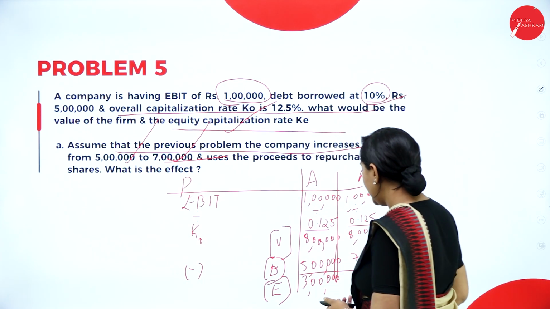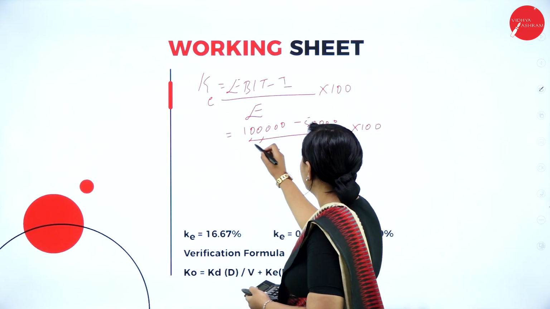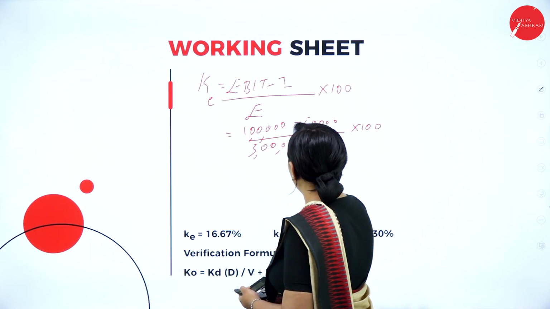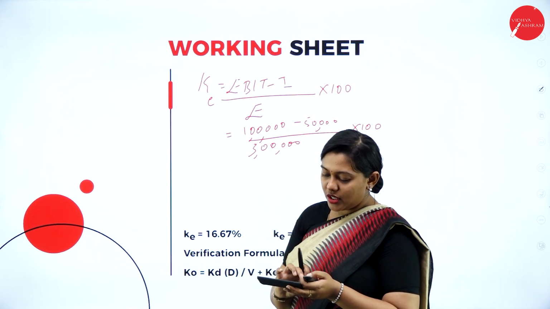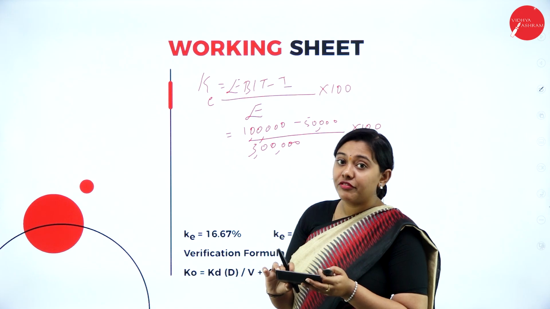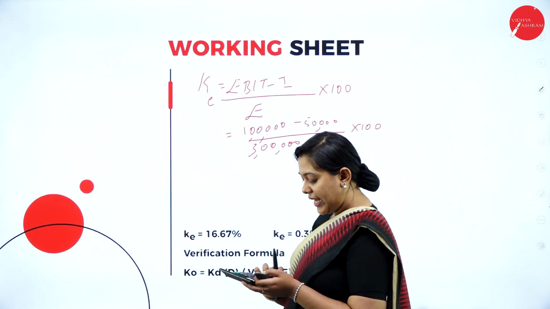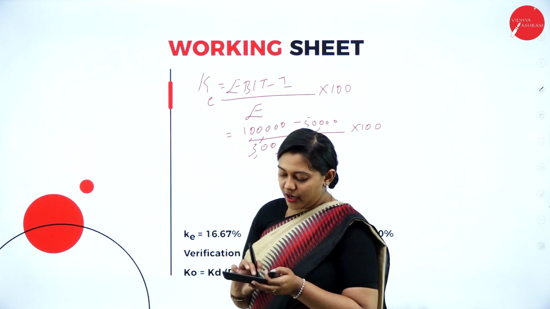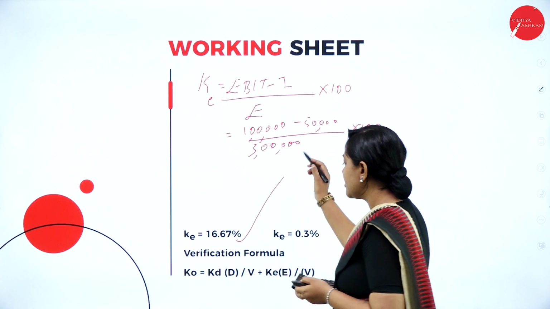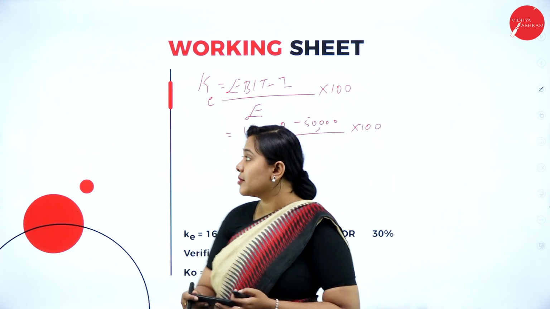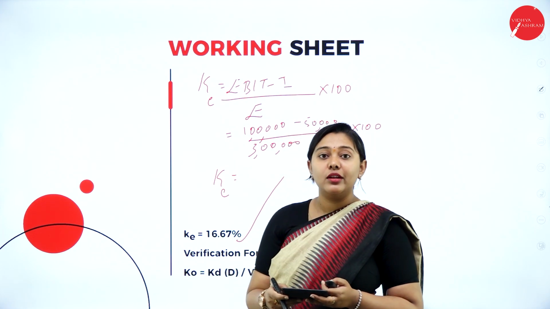What is the equity value that we have got? Market value of equity, 3 lakh. So 1 lakh minus 50,000 is 50,000. So 50,000 divided by 3 lakh into 100, it is 16.67%. Similarly, we have to do it for the second case, wherein the calculation changes.